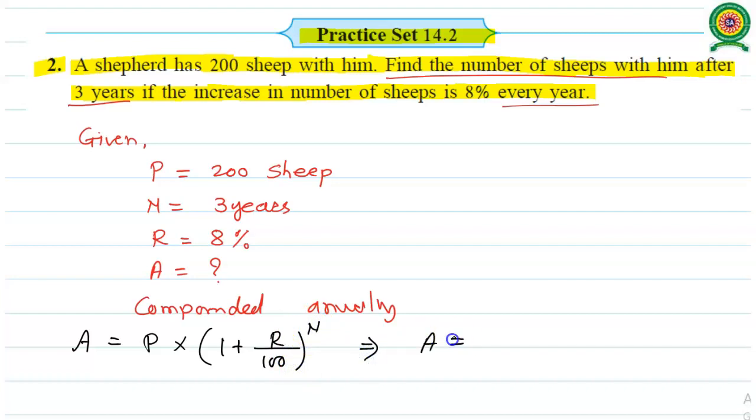So the amount of sheep at the end of the 3 years is A equals the principal value 200 into (1 plus the rate 8 divided by 100) whole to the power of the duration 3.